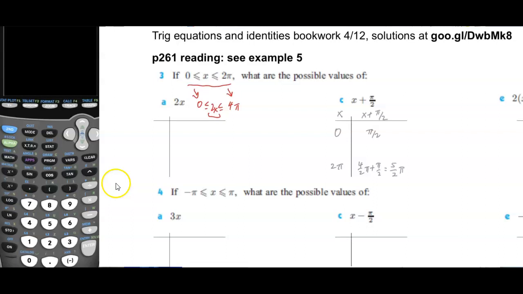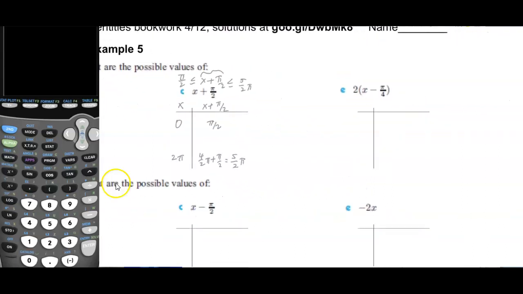If I wanted to write this in this form, I would write pi over 2 less than or equal to x plus pi over 2 less than or equal to 5 halves pi. So what I've done is I've taken this original domain and I've translated it to my transformed domain. Okay. All right. I'm going to show you why this is useful in a second.